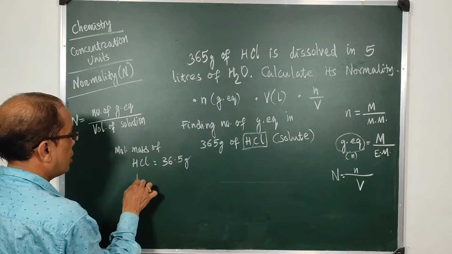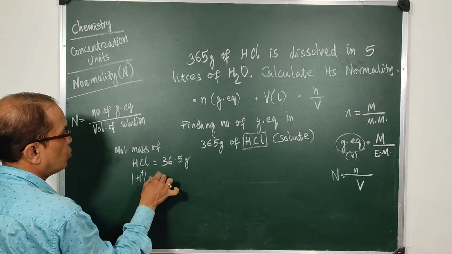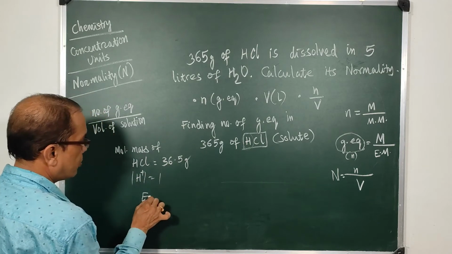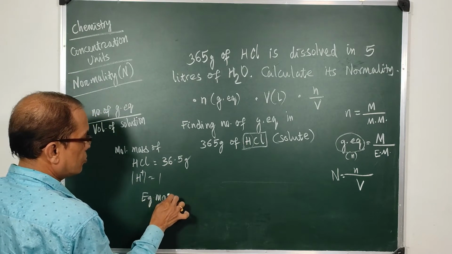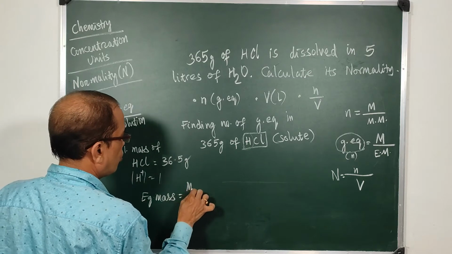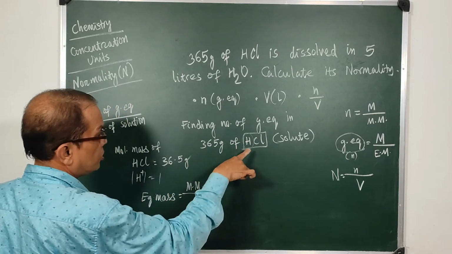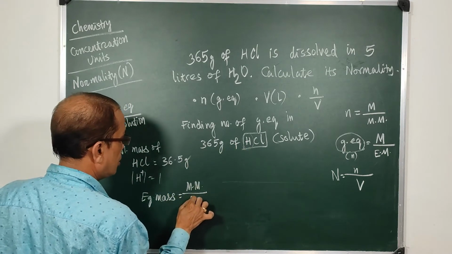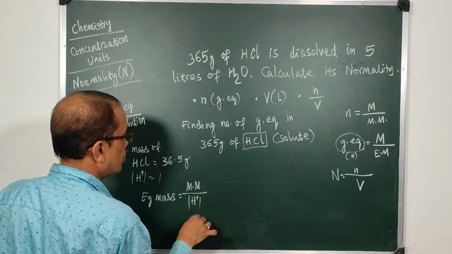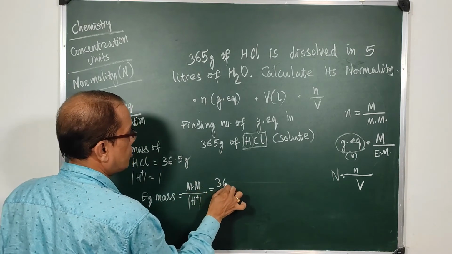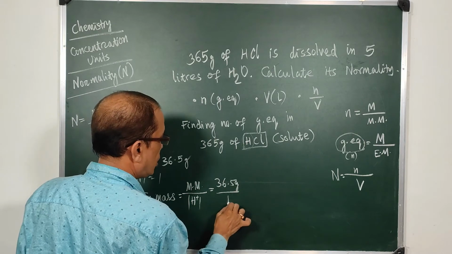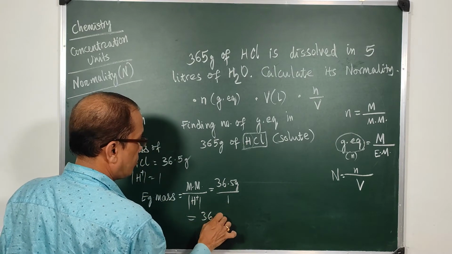So here H+ is 1. So clearly equivalent mass is molecular mass divided by the number of replaceable hydrogen atoms. So this is 36.5 grams divided by 1. So we get 36.5 grams.